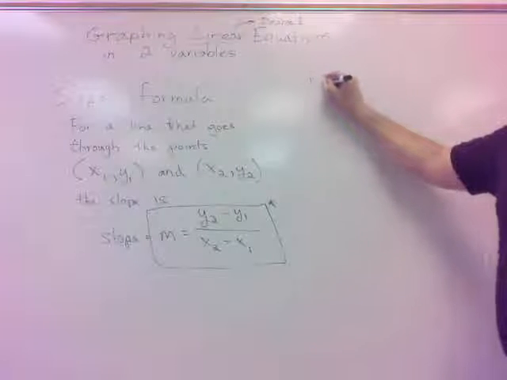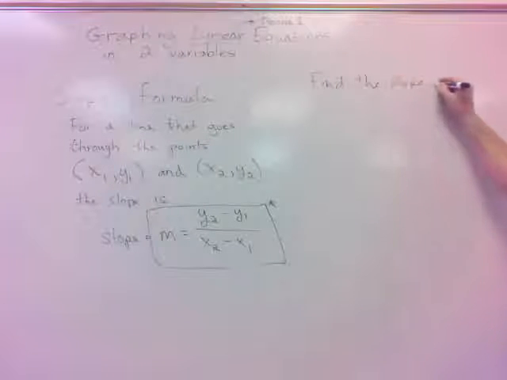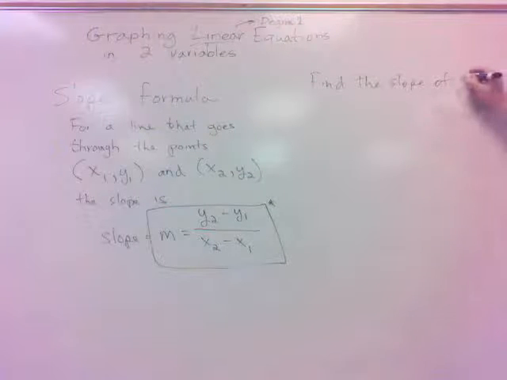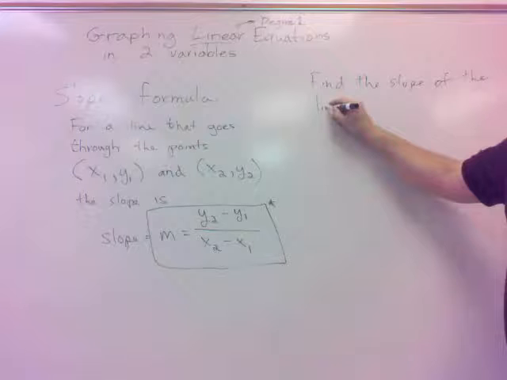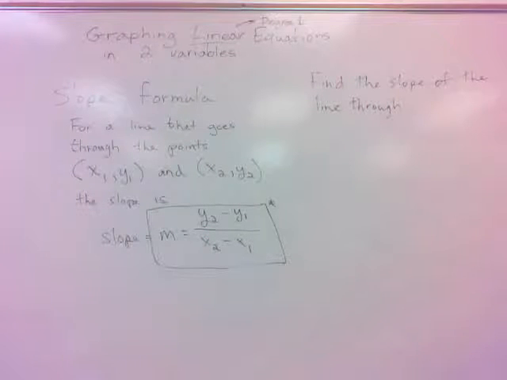All right, so find the slope of the line through, how about (4, 7) and (9, 11)?